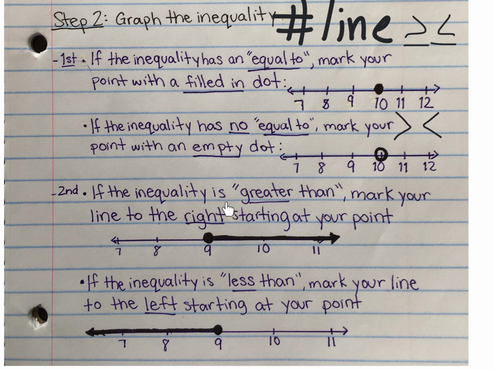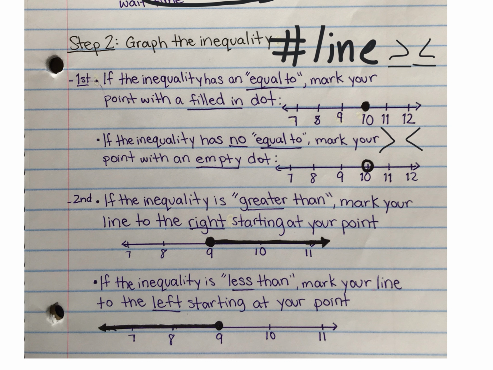If the inequality is greater than, you mark your point, and then you mark your line to the right, starting at your point, okay? So let's say the inequality statement that we're referencing is n is greater than or equal to 9.